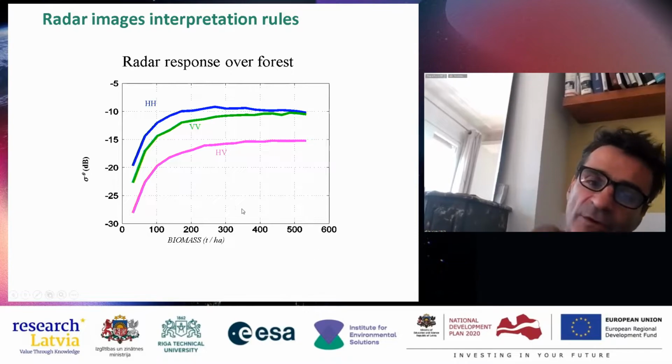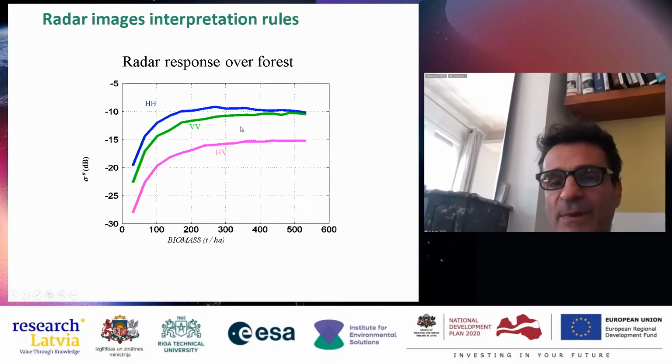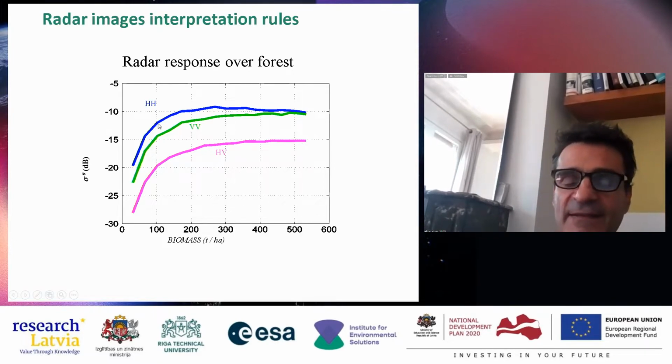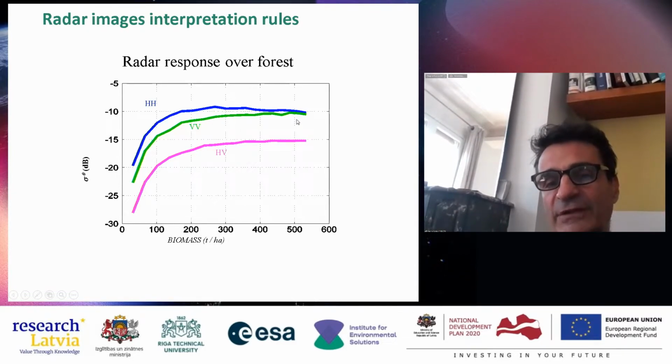This is the response of the backscattering coefficient as a function of the biomass. And you can see that whatever the 3 polarizations, it increases at the beginning and then reaches a saturation level.